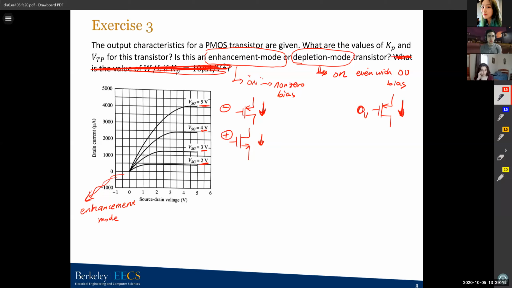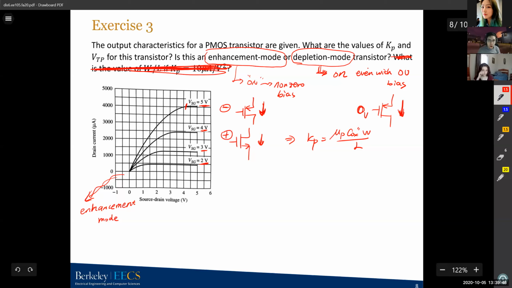And then, what's the value of Kp and VTP for this transistor? Let's go back to the definition of Kp. Kp equals mu P C ox W over L. This is the definition. And VTP is the turn-on voltage of this transistor. To find this, I want to find the region of saturation and the region of linear.